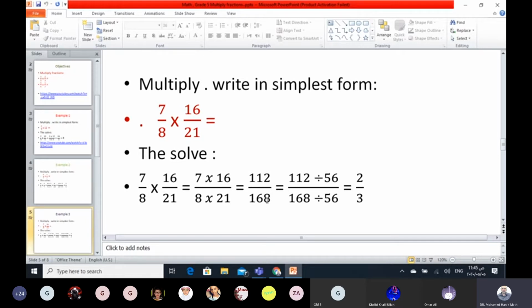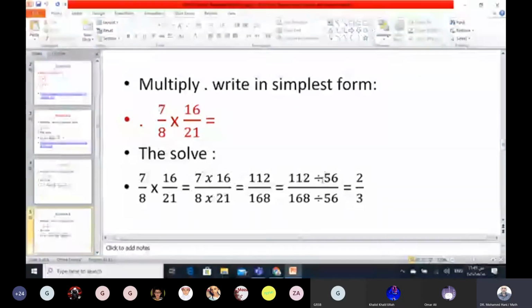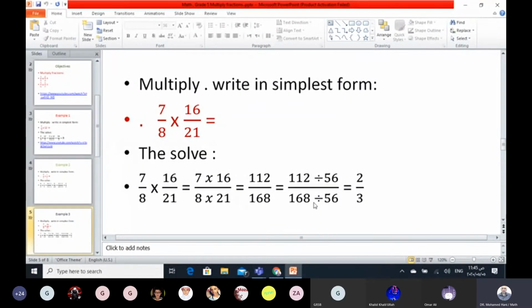This is not the last answer, we can do simplest form here. How? Find GCF between 112 and 168 will be 56. So the GCF here will be 56. Now try 112 divided by 56 will be 2, and 168 divided by 56 will be 3.